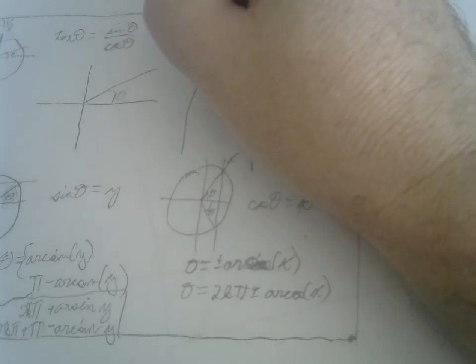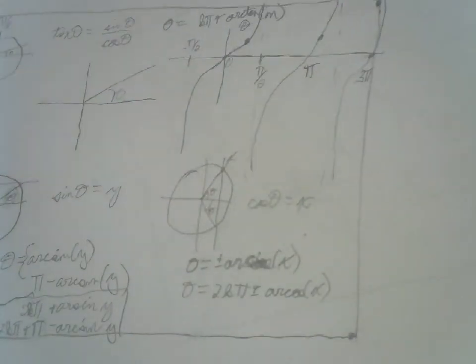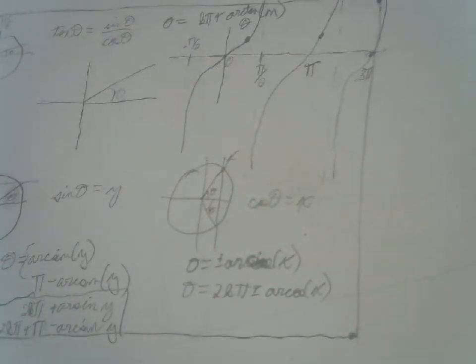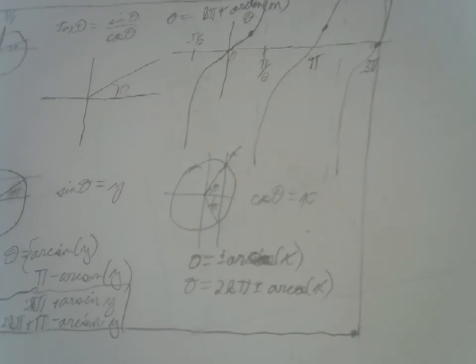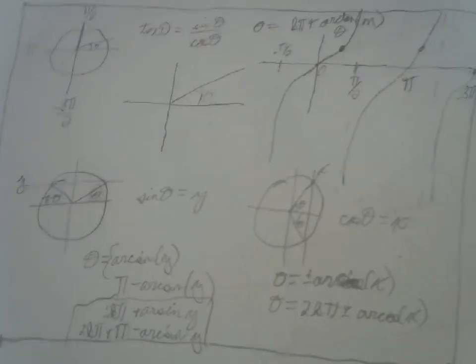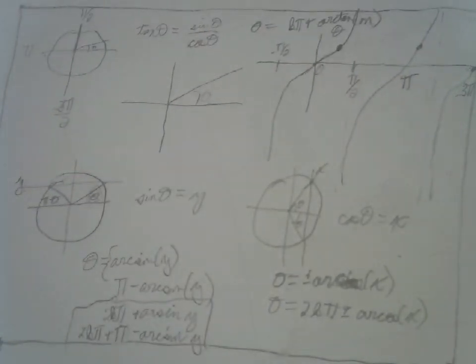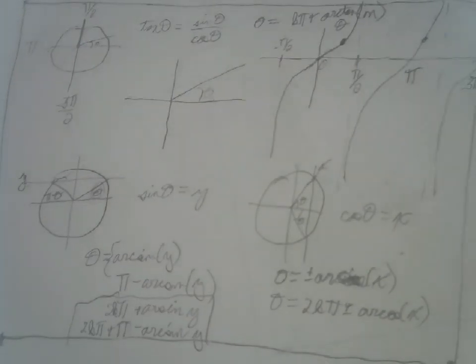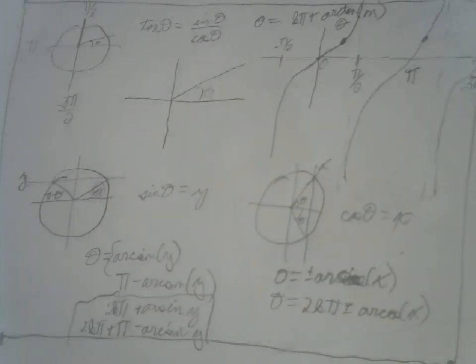So that is pretty much the inverse functions for sine, cosine, and tangent. Inverse relations for sine, cosine, and tangent. And semantically speaking, you don't have inverse functions for sine, cosine, and tangent.